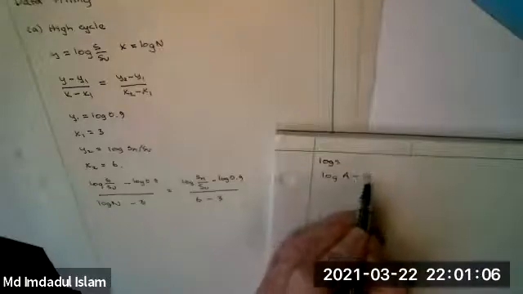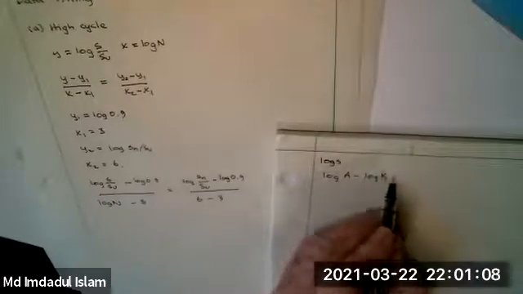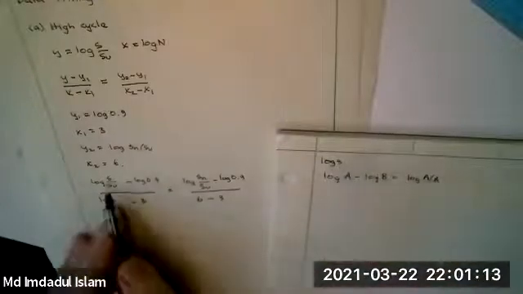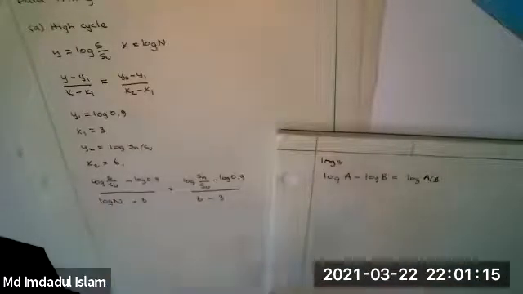If I have log of A minus log of B, that's log of A divided by B. So here I'll be able to subtract that and I'll just put the 0.9 down the bottom.